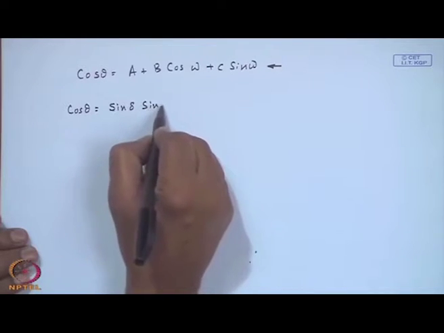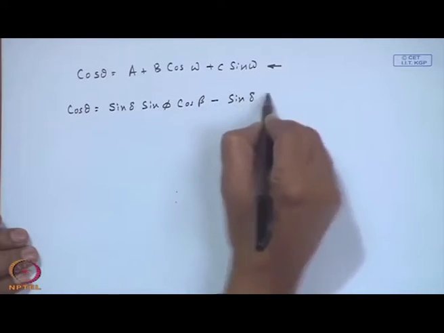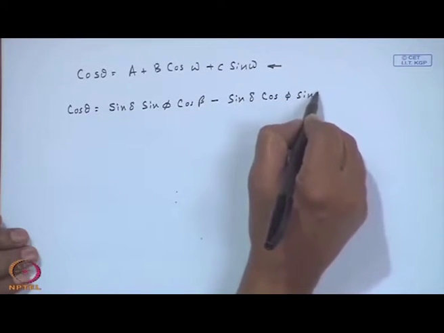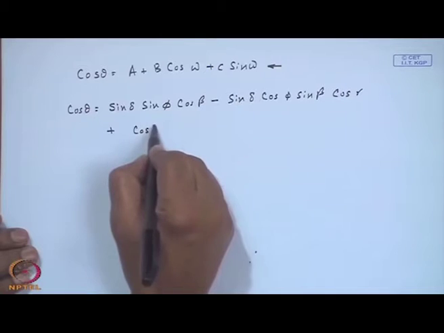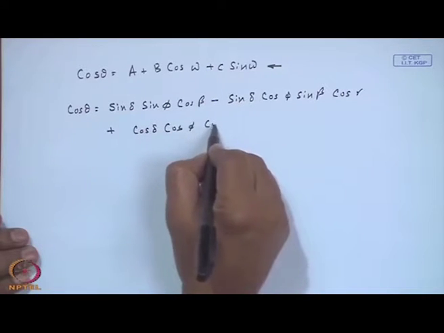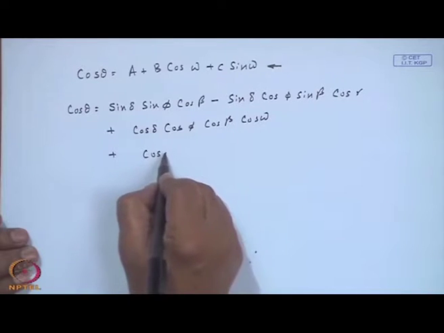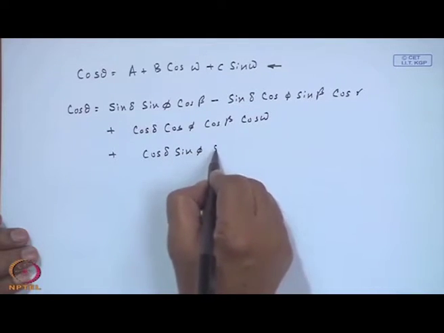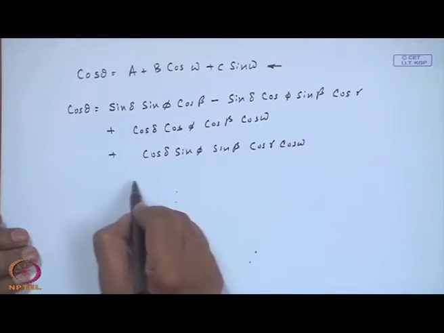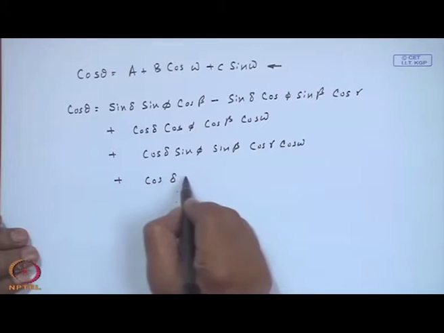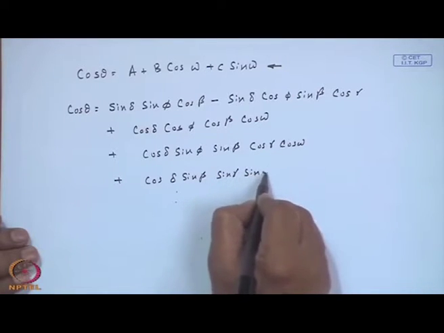Sin delta sin phi cos beta minus sin delta cos phi sin beta cos gamma plus cos delta cos phi cos beta cos omega plus cos delta sin phi sin beta cos gamma cos omega plus the fifth term, cos delta sin beta sin gamma sin omega.